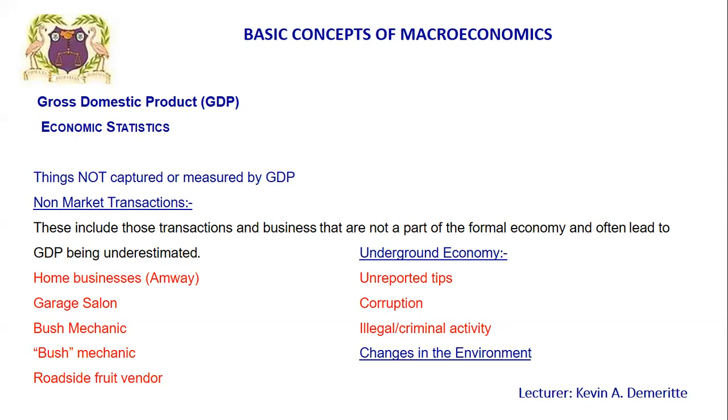Also, of course, there is the underground economy. Whether you're talking about all the illegal stuff, or the corruption, we simply can't capture that. And we also are unable to capture things like unreported tips.